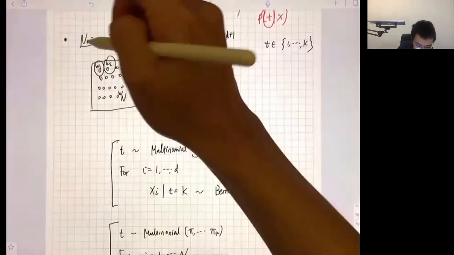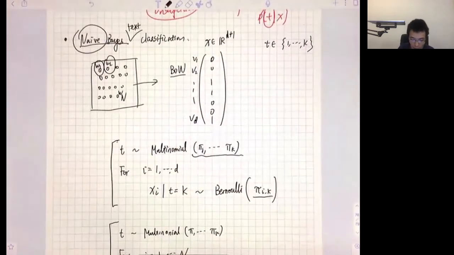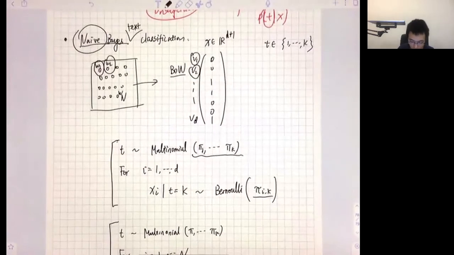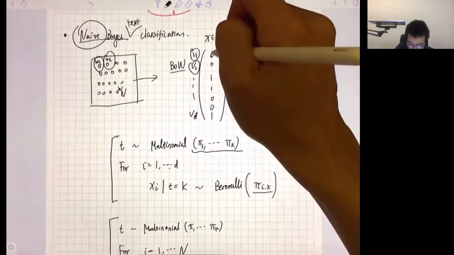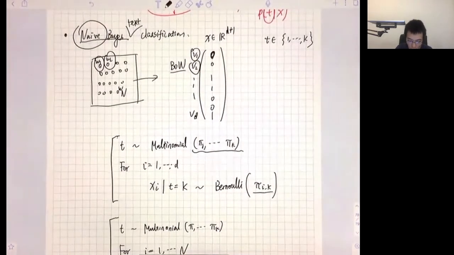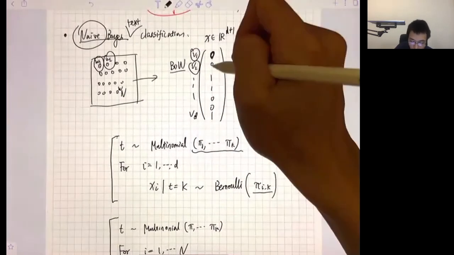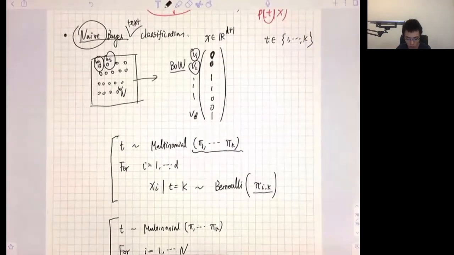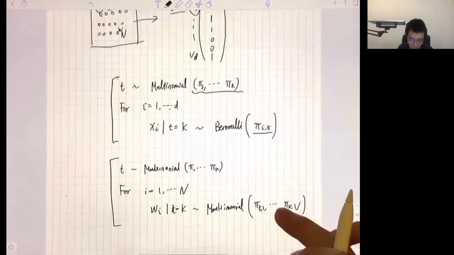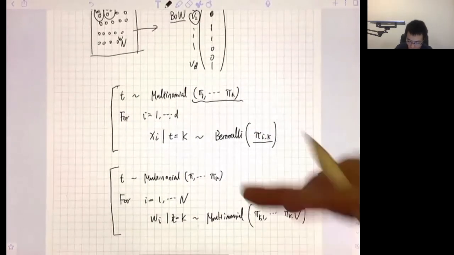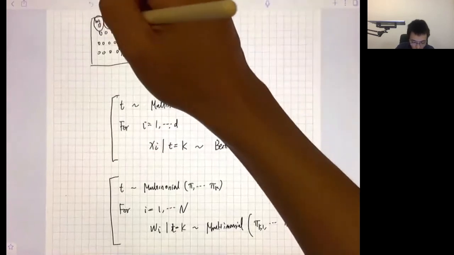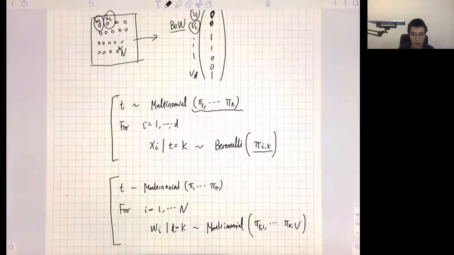And why is it called naive Bayes? The naive here indicates different words are independent, okay? So if I generate V1 as 0, it's independent of whether my V2 is 0 or 1, and independent of V3, V4, and so on and so forth. It's the independence assumption. For the multinomial case, it's the same: I would generate my first word and second word, and so on, independently.